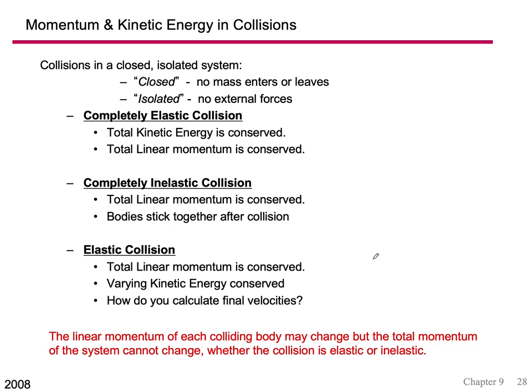Just a quick reminder on this one. Completely elastic: kinetic energy and momentum are conserved. Completely inelastic: linear momentum is conserved, but the objects stick together, so kinetic energy is lost. And then a partially elastic, or just called elastic, collision, where it's not necessarily complete: momentum's conserved, some kinetic energy is still lost.